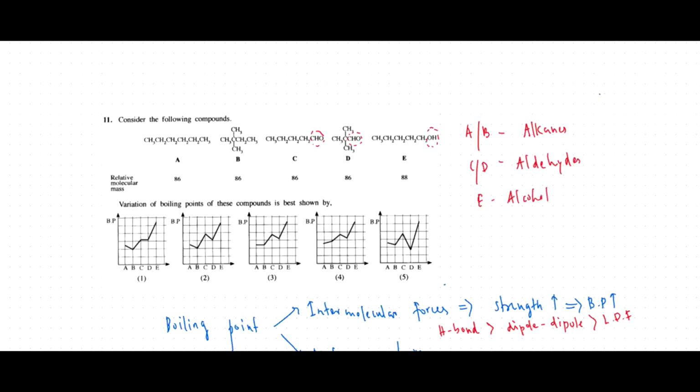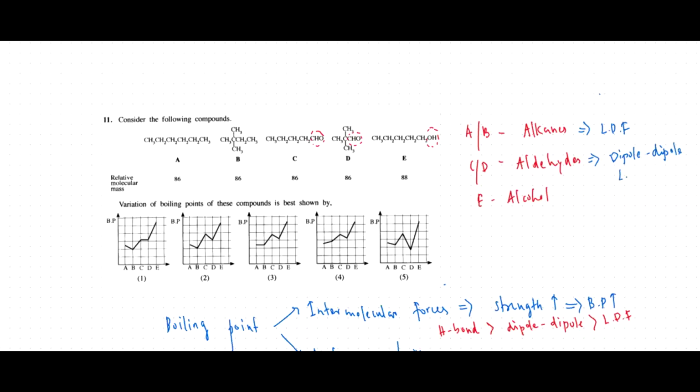So in alkanes, we look at the intermolecular forces present in the alkanes. So there is only London dispersion force in alkanes. So in aldehyde, we have dipole and London dispersion force.